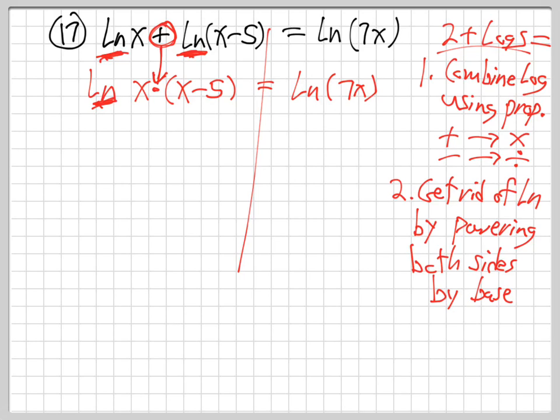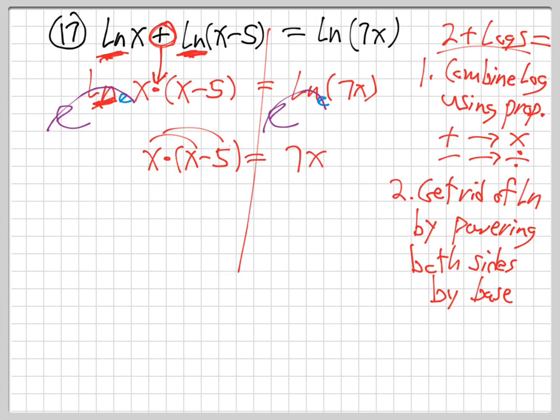I don't see a base. It's an invisible e, right? ln has a base of e. So power both sides by a big old e, which cancels out the base on both sides. And we just get x times x minus 5 equals 7x. Just like that.